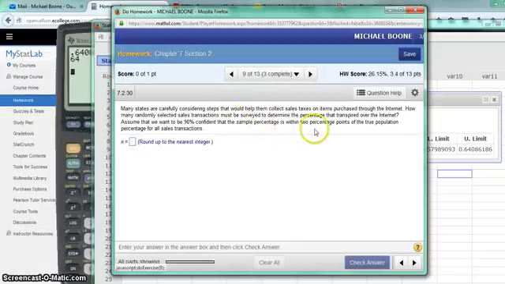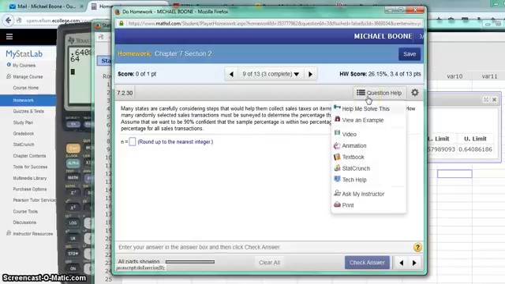We want to be within 2 percentage points of the true population. And it doesn't give us any previous information of a statistic. So I think when you're looking at the formulas in the text, they talk about using your p to be 0.5. So if you don't know anything about a previous sample taken, you would just use a 0.5.